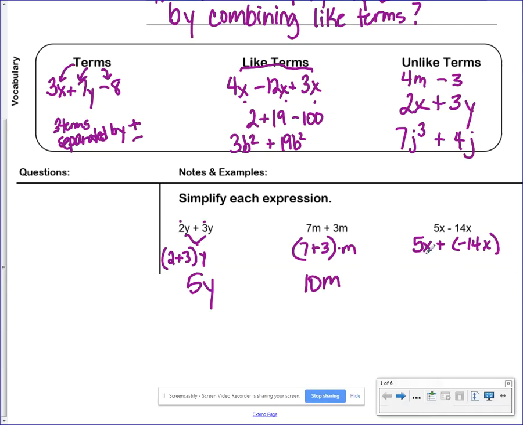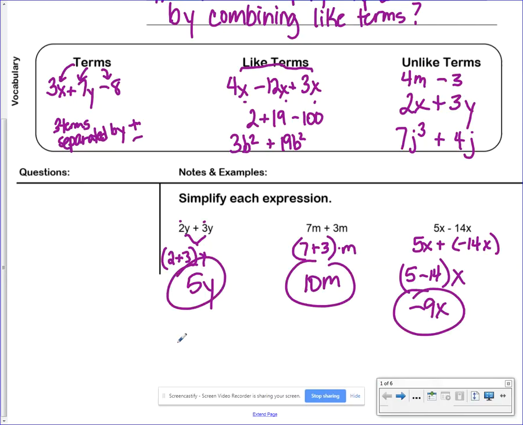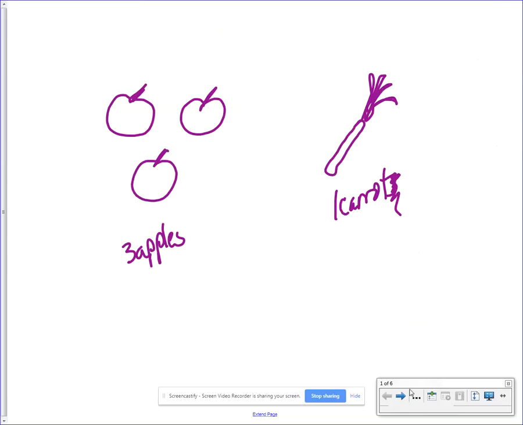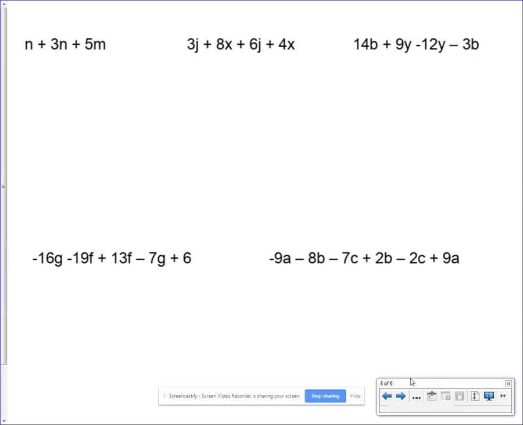I want you now, you're looking at this and you're thinking, oh yeah, x, like terms. You just have to think of what's 5 and minus 14. 5 minus 14, or if you like thinking 5 plus negative 14 times x, that's negative 9. That's all you got to do, my friends. Combine the terms that are alike. When there's only 2 of them, pretty straightforward, right?